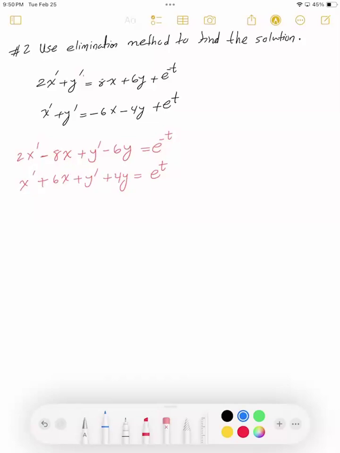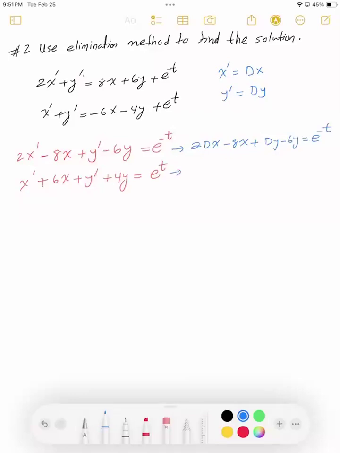Next, I'm going to use the notation: instead of x prime, I'm going to use Dx, and for y prime, I'm going to use Dy. So I have 2Dx minus 8x plus Dy minus 6y is e^(-t).